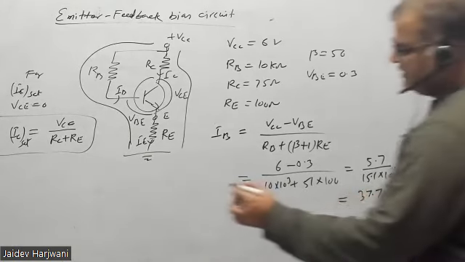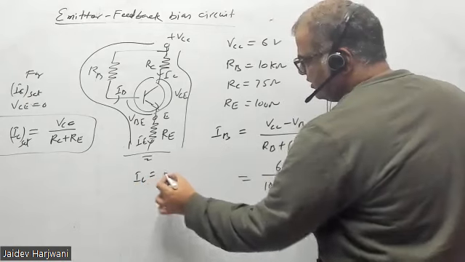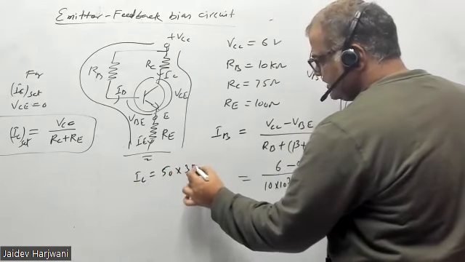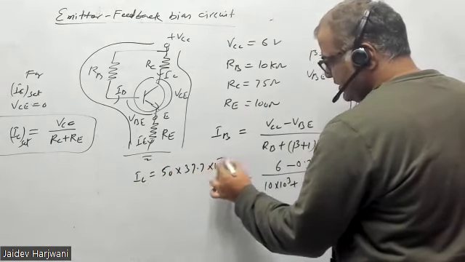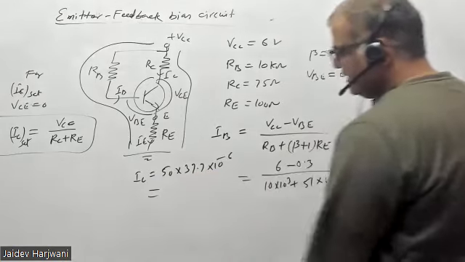And now IC will be 50 into 37.7 microampere. How much in milliampere?